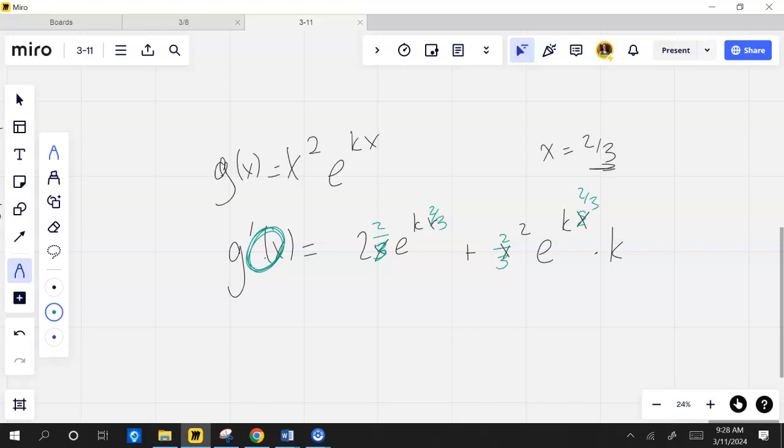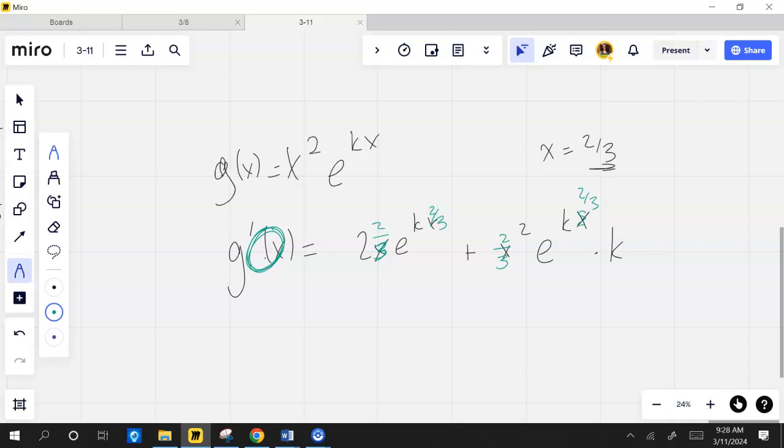And then I solved it for k. It was a tough solve because you ended up having to factor out, and it was kind of tough.